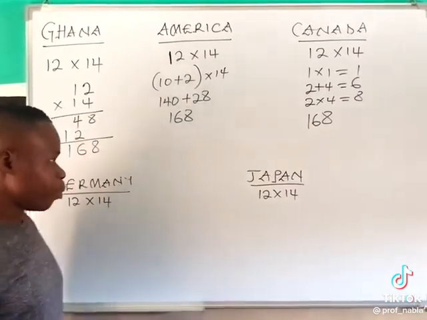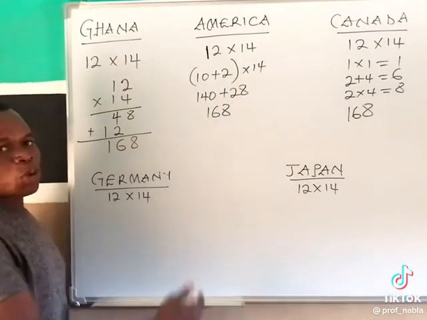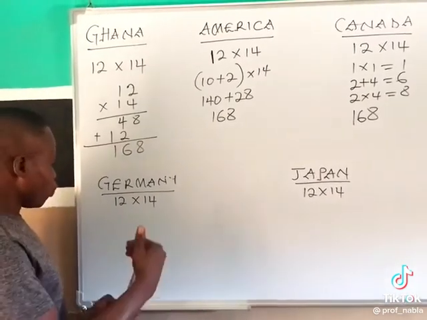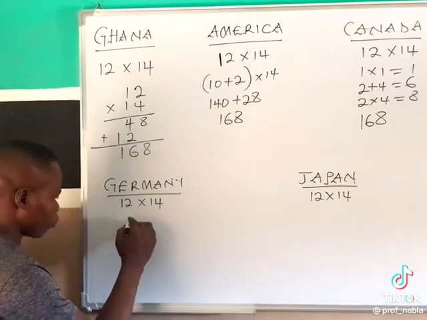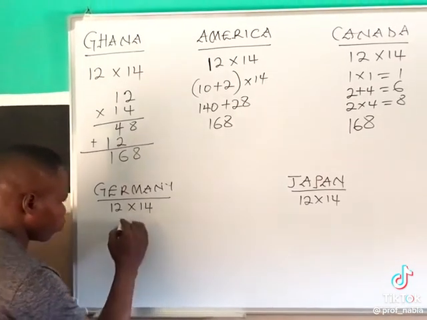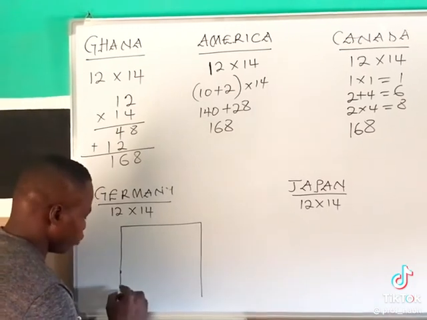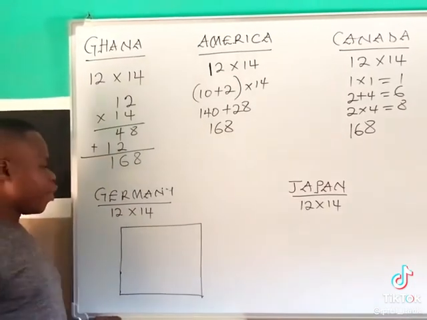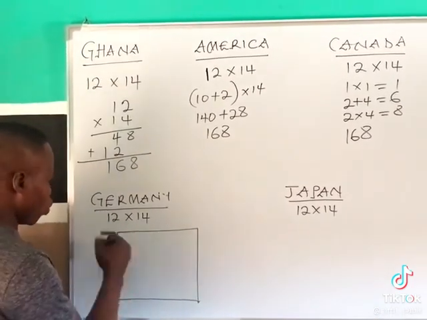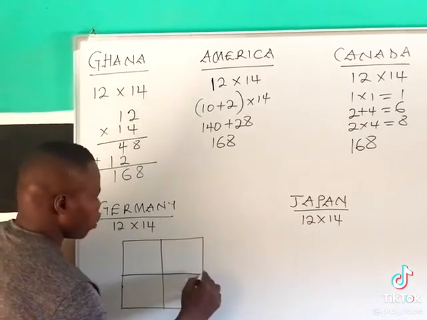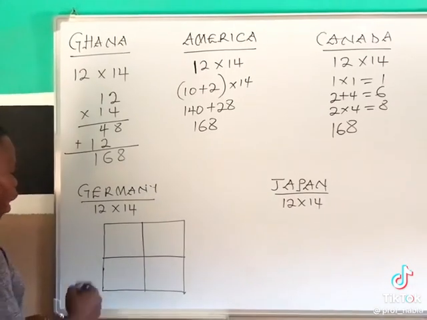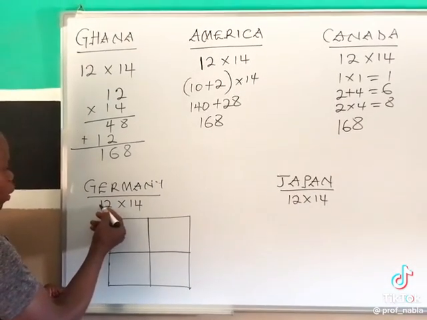Let's go to Germany. 12 times 14. A German will solve this problem by drawing a big box, like this. And then divide this box into 4 parts, because we have 4 digits. Now write the first number here, that is 12, 1, 2.